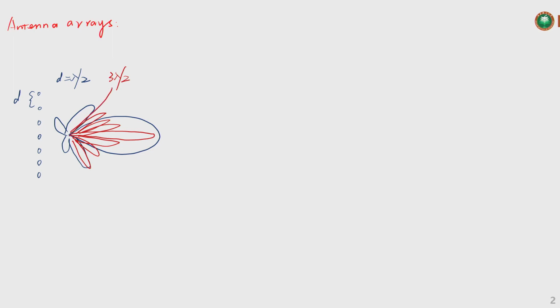We also have another one like this, and then smaller ones. This one is the main lobe, right? And these two are called what? Grating lobes, right?